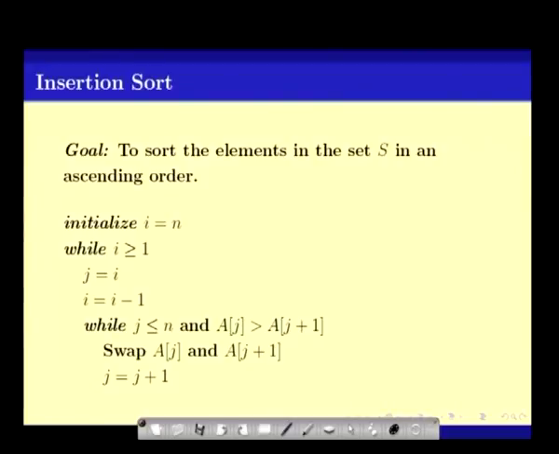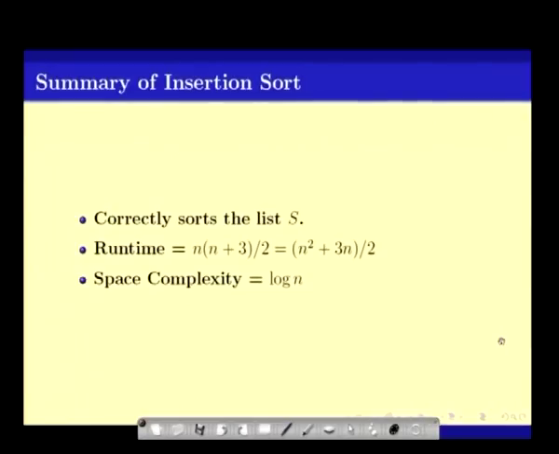And we saw last time that we can somehow reuse this space in the set S, and thus one can obtain by insertion sort the sorted list in runtime which is around n square plus 3n by 2, and space complexity which is log n.